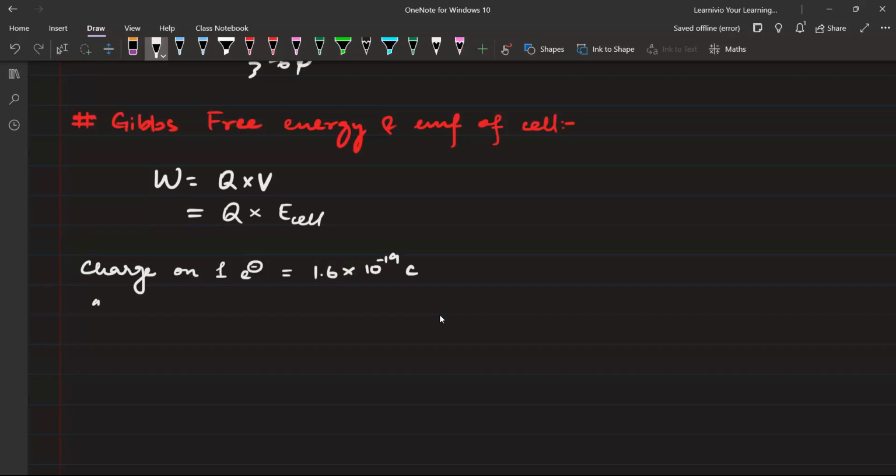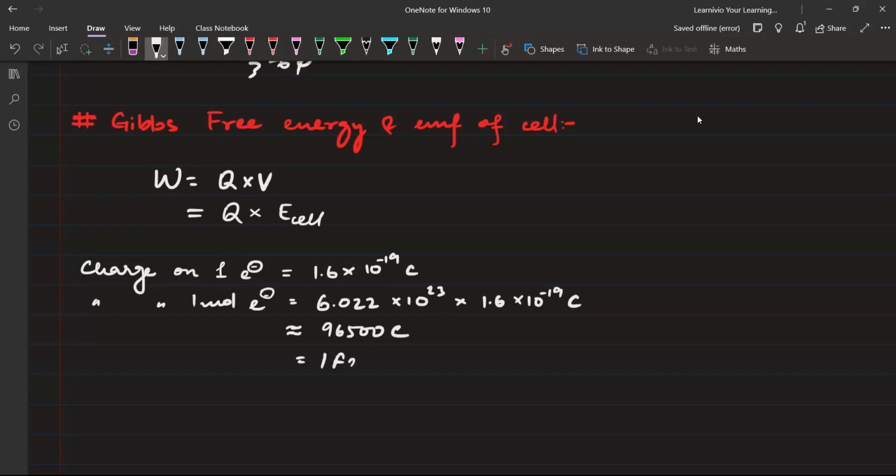The charge on 1 mole of electron will be 6.022 into 10 to the power 23 multiplied by 1.6 into 10 to the power minus 19 coulombs. If you multiply all of these numbers, you will get a value near 96500, and this is known as 1 Faraday.